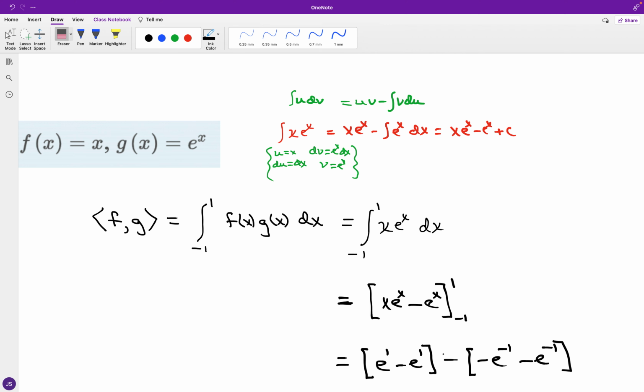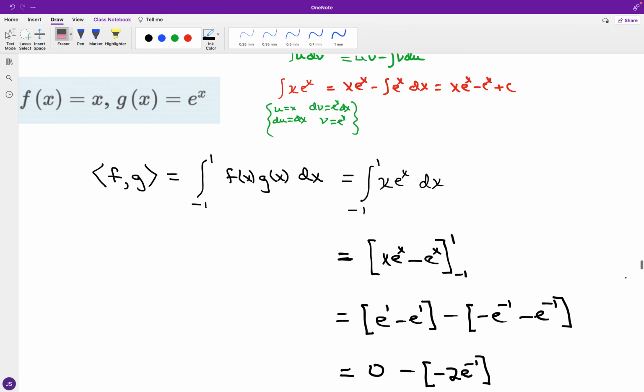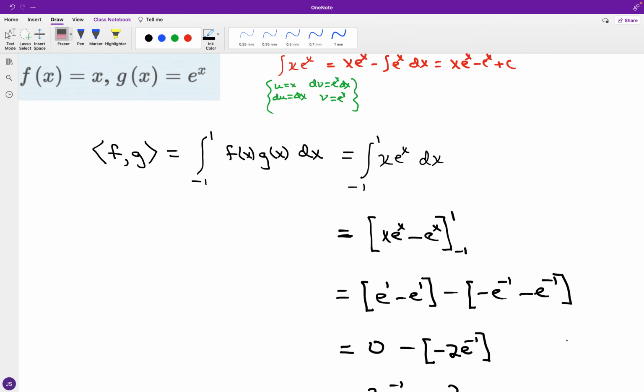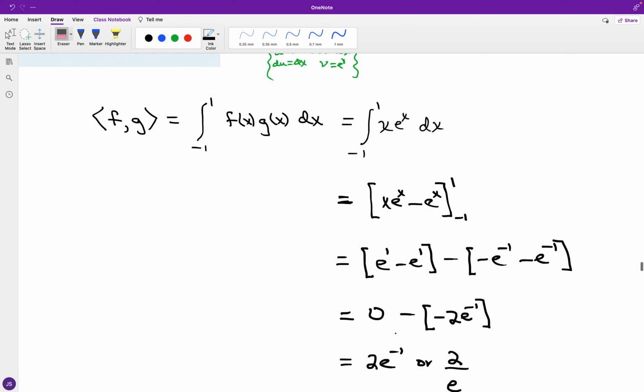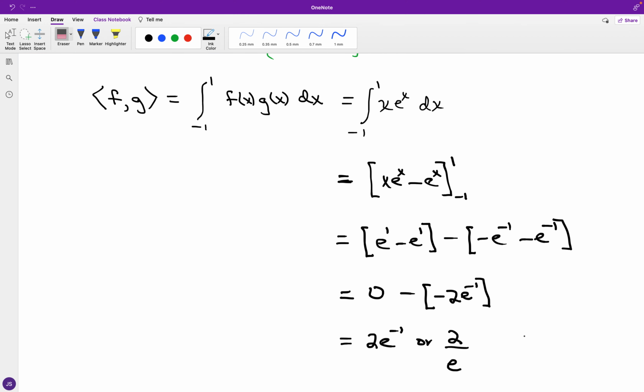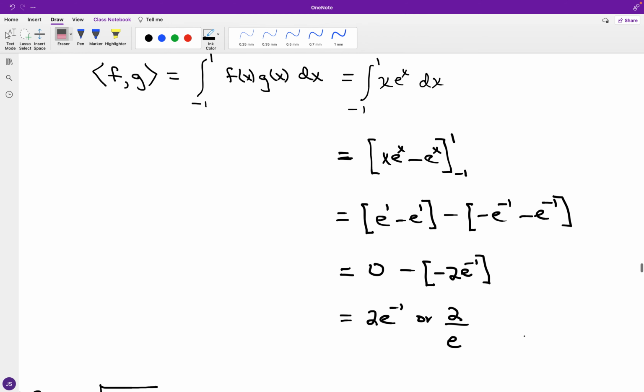Then subtracting the lower limit, we have negative 1 times e to the negative 1 minus e to the negative 1. At 1, the expression is negligible, and deducting what we have from x equal to negative 1, we're going to have the subtraction of negative 2 times e to the negative 1. So the inner product of f with g is going to come out to 2 times e to the negative 1, or 2 all over e.